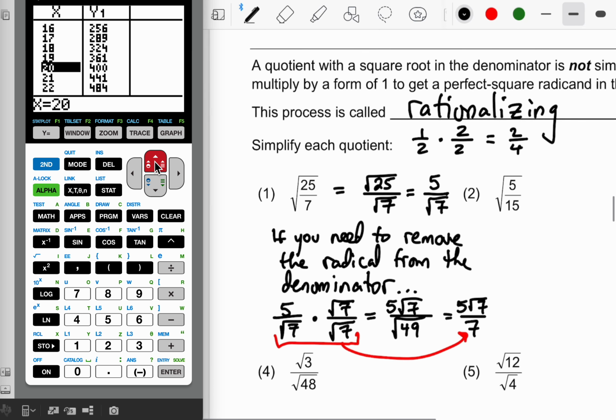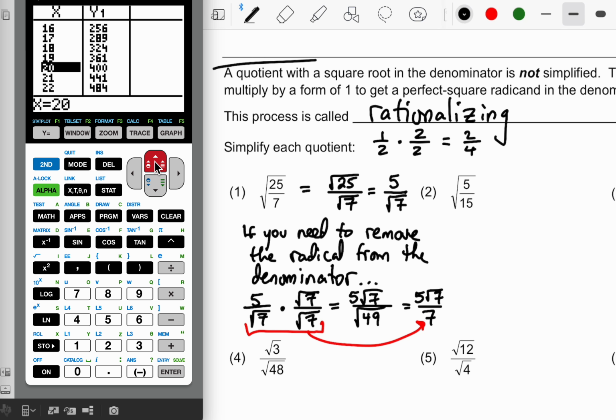That's why this statement here is such a weird statement. And, you know, like every textbook has something like this. But it's not correct, because, I mean, just look at it. Look at what we had before we rationalized, and look what we have after we rationalized. Which one looks simpler?